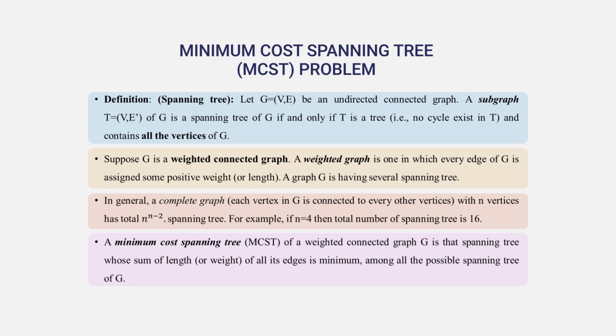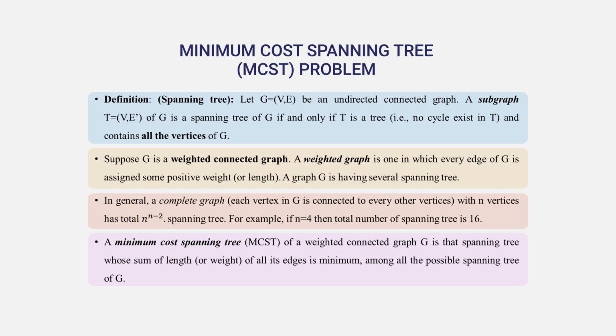So if the number of vertices is 4, the total number of spanning trees is 4 raised to the power 4 minus 2, which is 4 into 4, that is 16. So you can get 16 spanning trees.